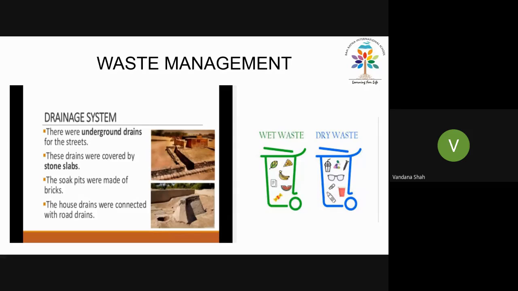In the pit they arranged a few bricks so that the waste would get soaked after many days. In that way they connected each and every drainage system. Even the drains they covered with stone slabs. Sometimes we also follow the rules, but we forget hygiene. That civilization was very smart and knew how to maintain all these things. So we can see their waste management was very strong at that time. Next.